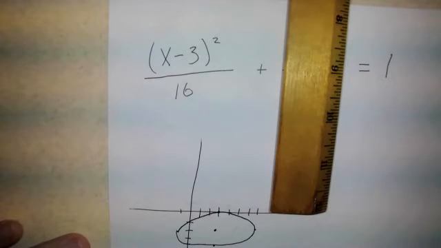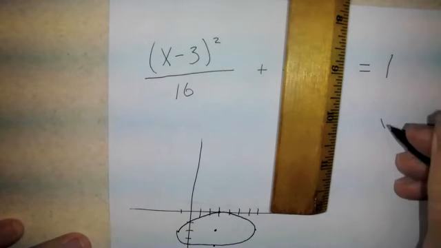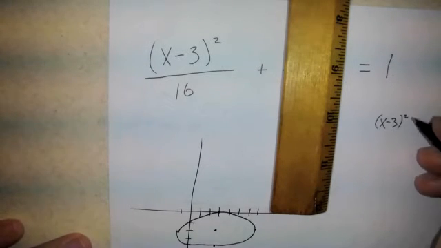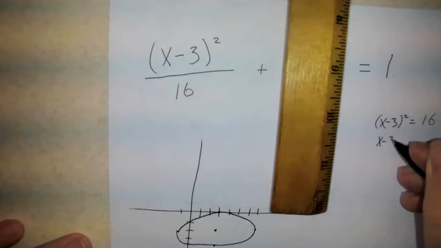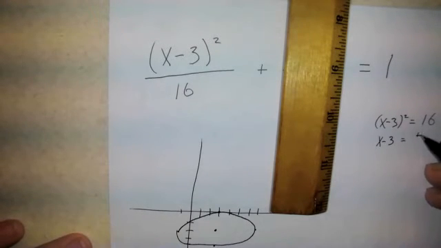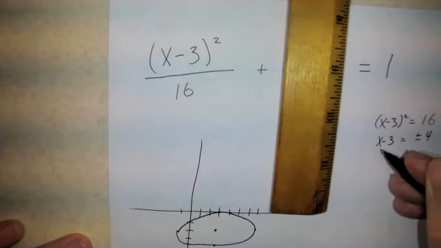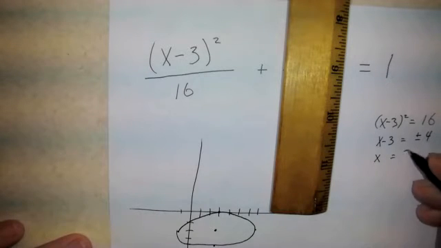So I could solve that by multiplying both sides by 16, taking the square root of both sides. Write this (x - 3) quantity squared equals 16, taking the square root, x minus 3 equals plus or minus 4, and x equals 3 plus or minus 4.